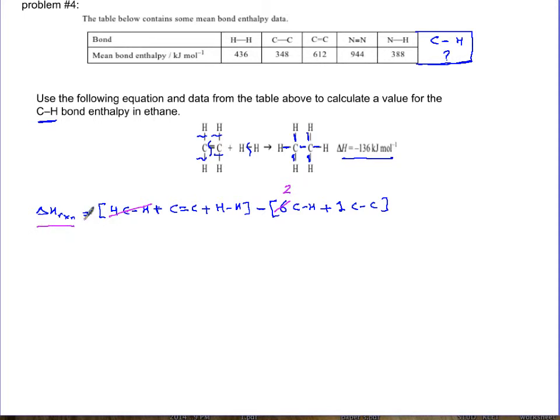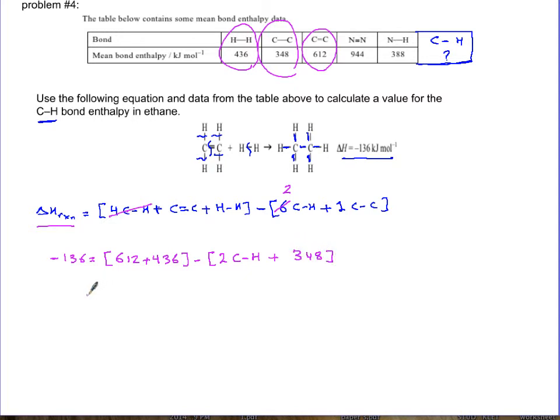Now I'm ready to plug in my numbers. Delta H of reaction is given to be minus 136, equals C to C double bond 612 kilojoules, H to H single bond 436, minus, don't forget 2 C-H, which we are trying to find the value for, plus 1 C to C, which is 348.